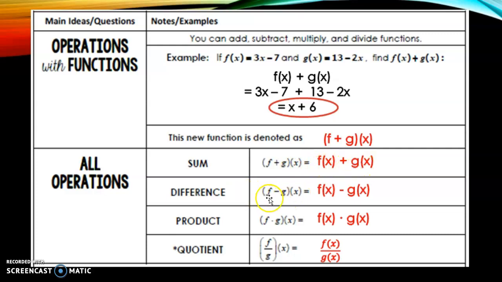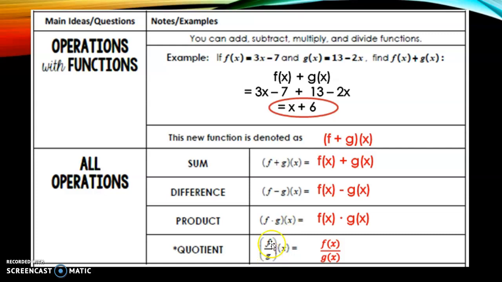The difference would be subtraction. F minus g is in the first set of parentheses, then x. That just means I'm taking f function minus g function. Same process as above, except subtraction. Then we have product, so obviously multiplication. Again, f and g are being multiplied in the first set of parentheses, so that's how we know what operation we're doing. Times x, or of x, basically.